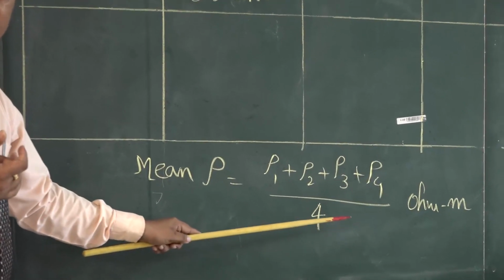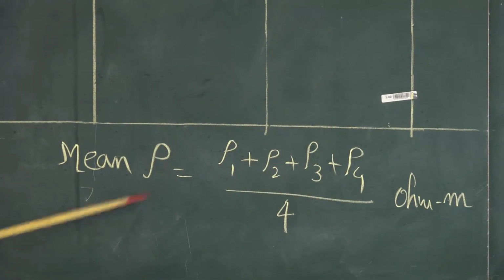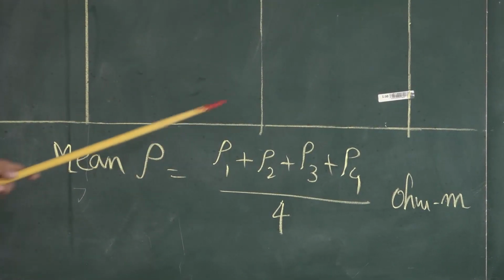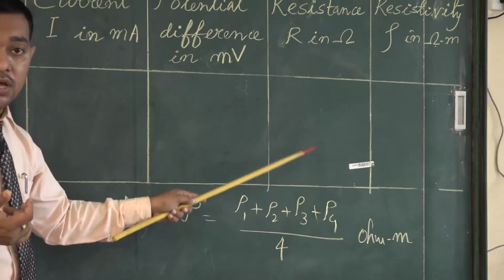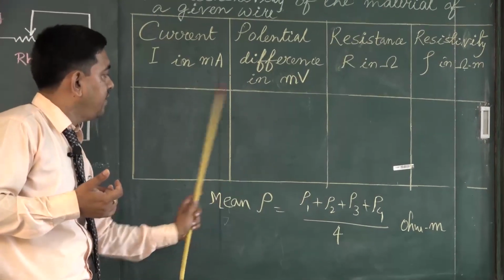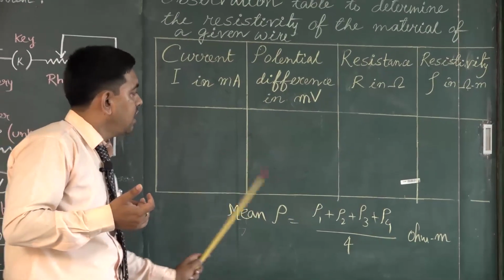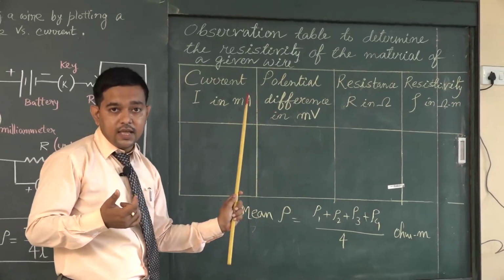This is our aim, and side by side we have verified Ohm's law by showing that all the R values come almost the same. The V by I ratios for all corresponding V and I values will come the same. This is the entire process I just described.